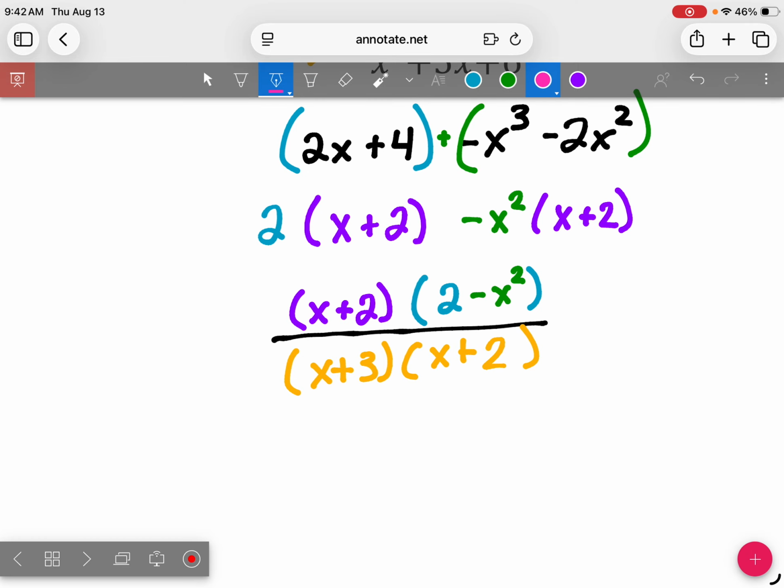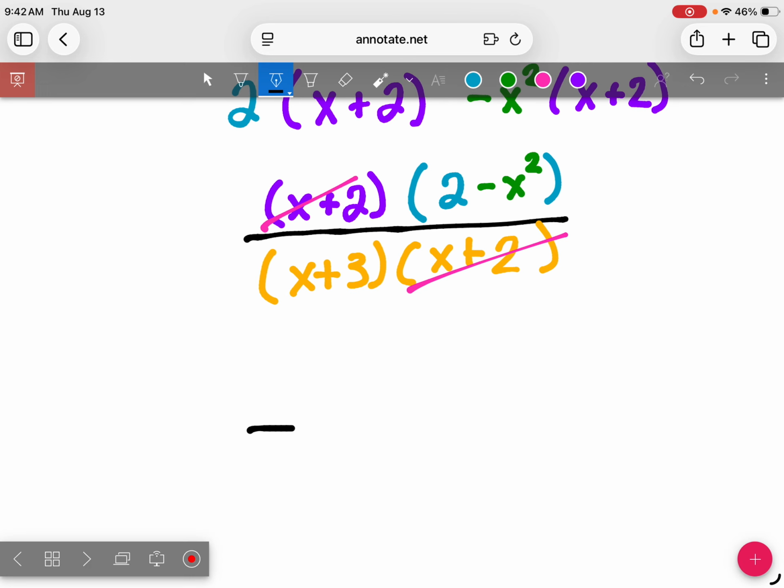The x plus 2's will leave. So we can rewrite our simplified fraction 2 minus x squared. If you want to put it minus x squared plus 2 because you don't like having the x squared at the end, that works. X plus 3 is the only thing left in our denominator.